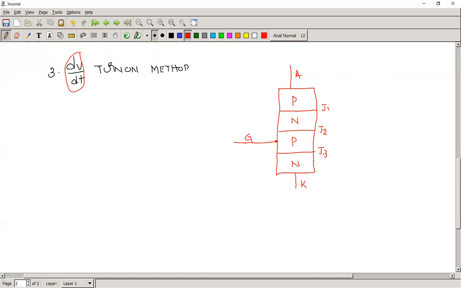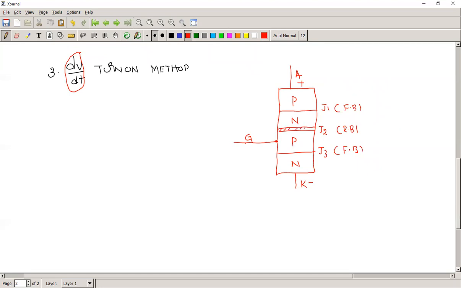When we talk about the turn on of the SCR, the SCR should always be forward biased, nothing but the anode is positive with respect to the cathode. With this polarity, junction 1 is forward biased, junction 3 is also forward biased, whereas junction 2 is reverse biased.